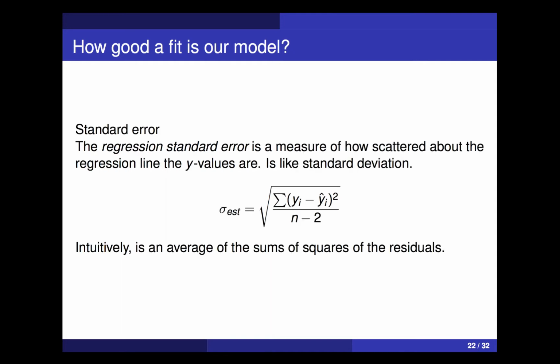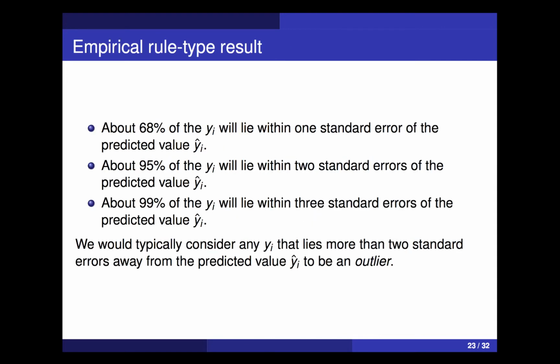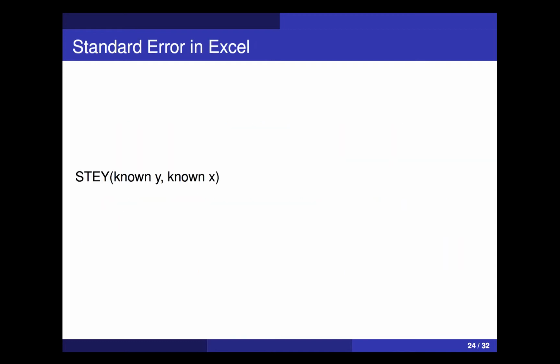We can get a measure of our goodness of fit as the standard error, which should remind you of the standard deviation. Here's a formula, but we're going to do this in Excel, so you don't need to memorize this formula or anything like that. And we're going to get an empirical rule type result, which tells us the percentage of data that will lie within 1, 2, or 3 standard errors of the predicted value.